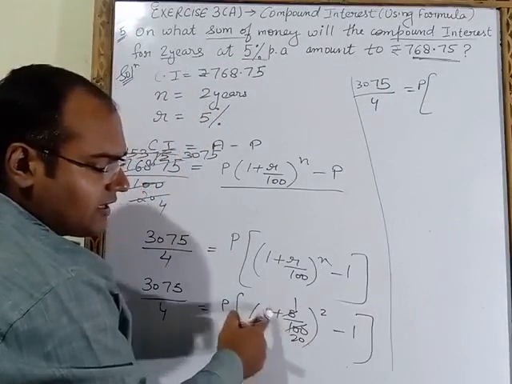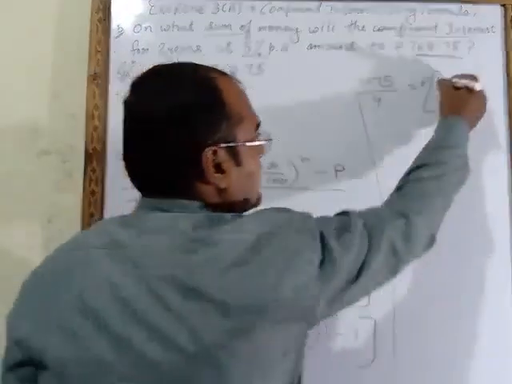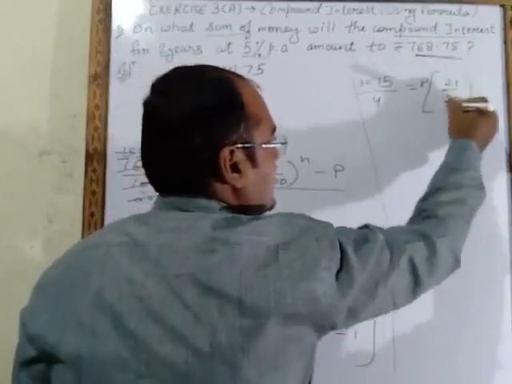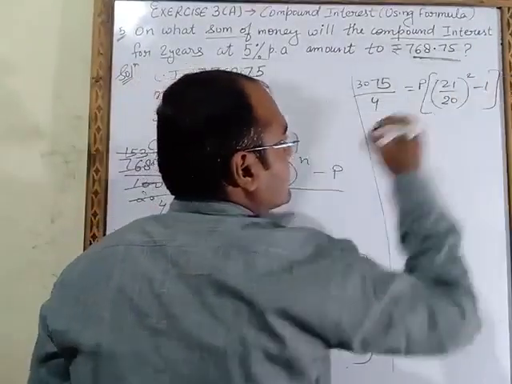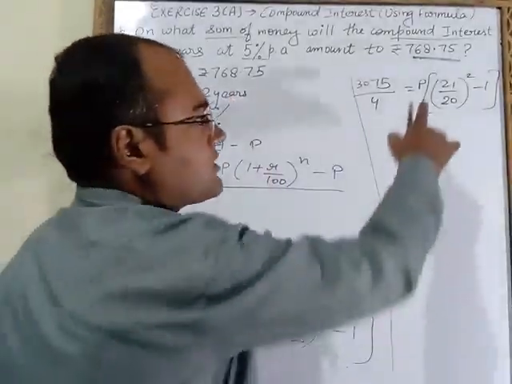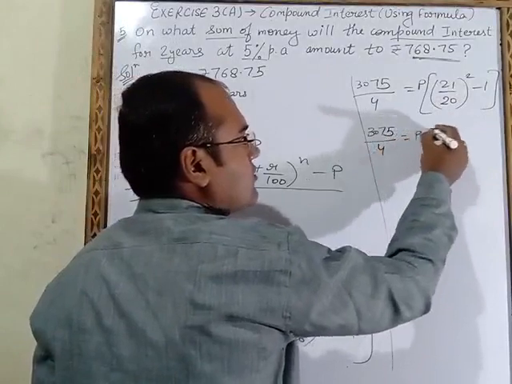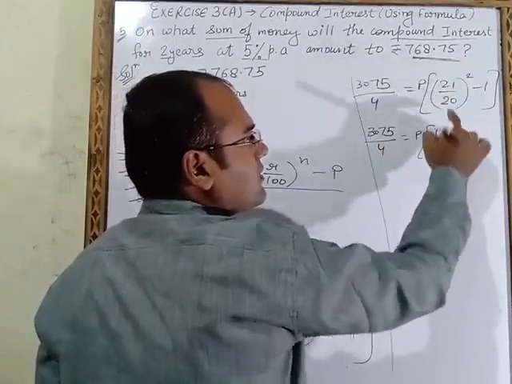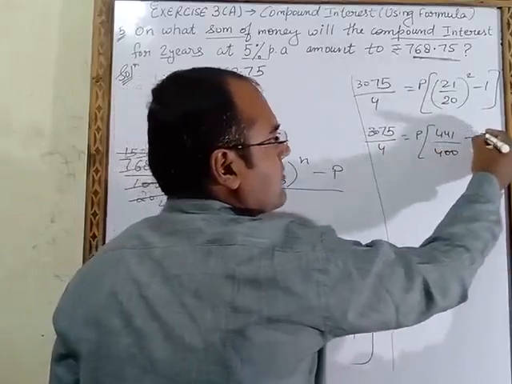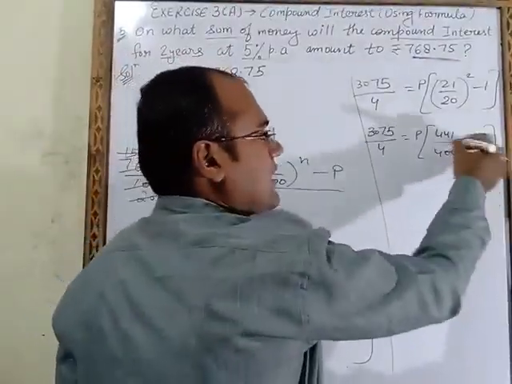So after taking LCM we will get here 21 upon 20 whole power 2, minus 1. Next step, we will open this whole square. So 3075 upon 4 is equal to P bracket, 21 square will be 441, 20 square will be 400, minus 1. Now again we have to take LCM and we will subtract these two.